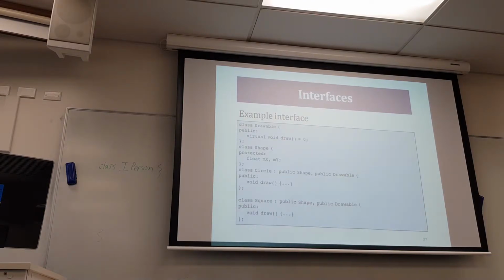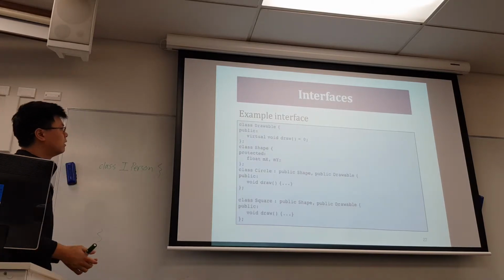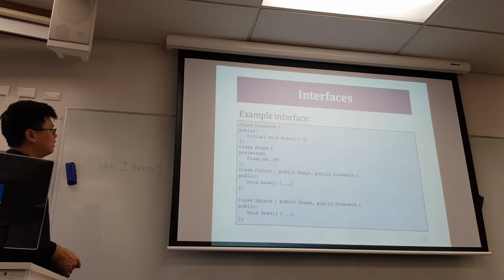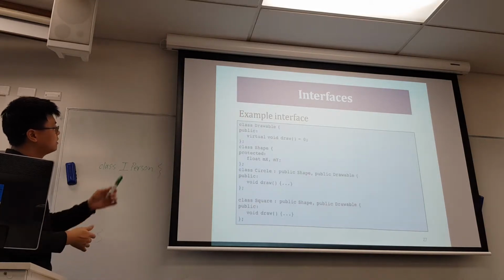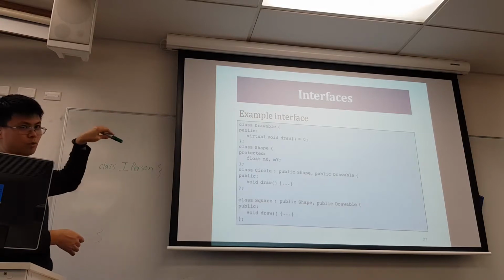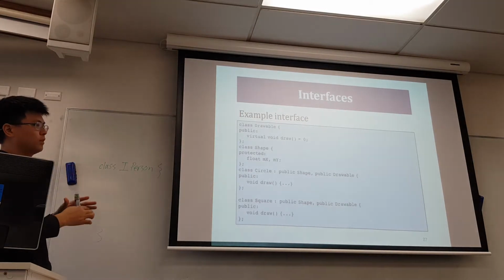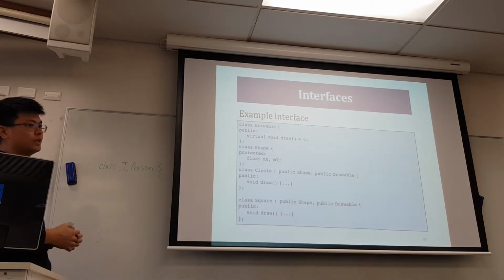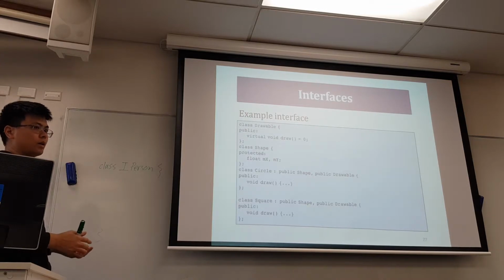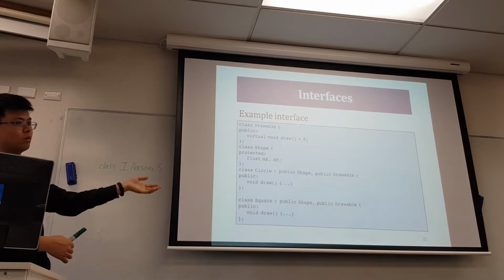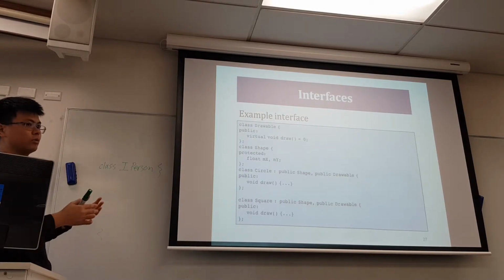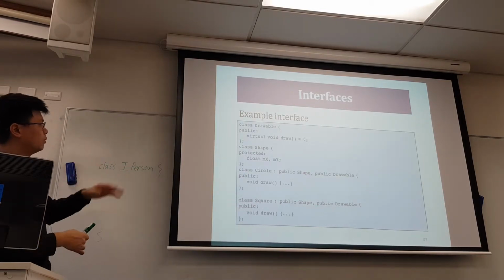And an interface usually contains functions that declare the behavior of the class, or what it can do. So you usually see interface names ending with "able". It declares a set of behaviors that should be implemented by derived classes. So a shape is something that can draw on the screen, can draw on a printer. It's drawable.